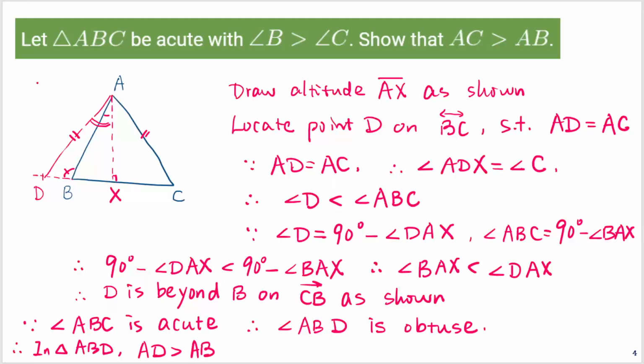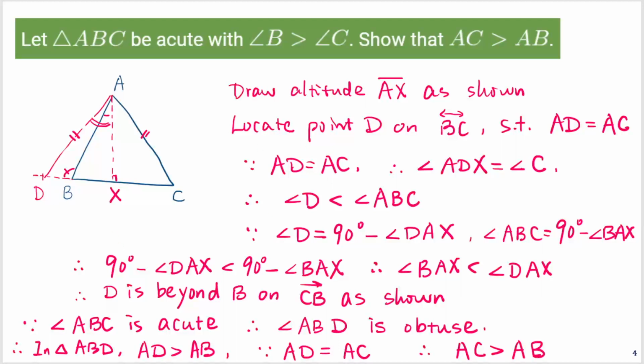You see that? And because we also know that AD equals AC, AD is larger than AB, and we can prove that AC is larger than AB, right?